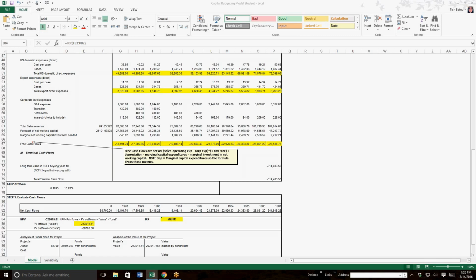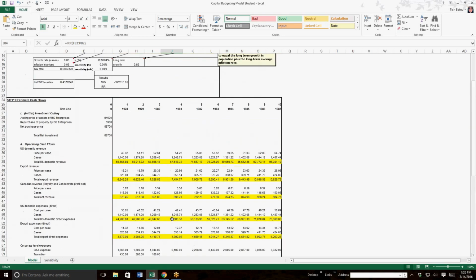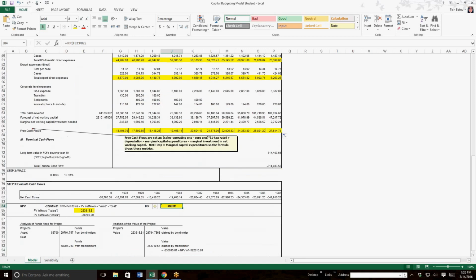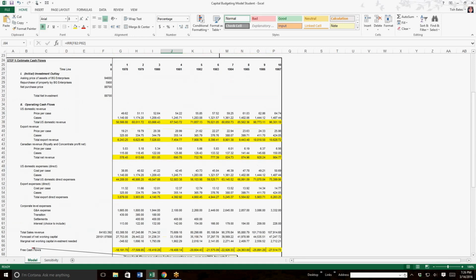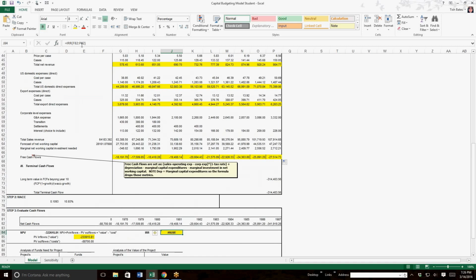Yeah, I don't know if this is right. F82. You know, in our books, it just says trial and error for the rate of return, but it's a formula, though. The internal rate of return is a formula. You know what? I bet it's because this is not.